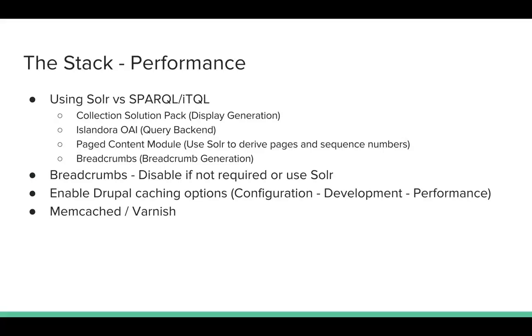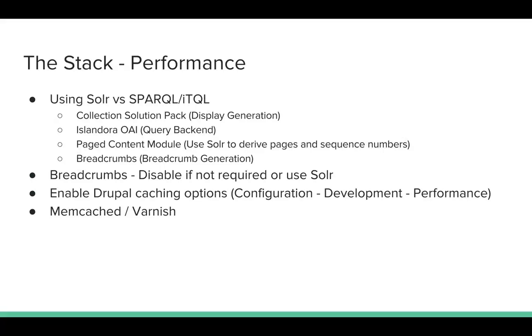So when you're bringing up your collections, instead of trying to do an order by across quite a few objects, let's say you had a collection with 10,000 objects, if you're just using SPARQL, it's actually trying to do an order by, pulling them all out and reordering them.